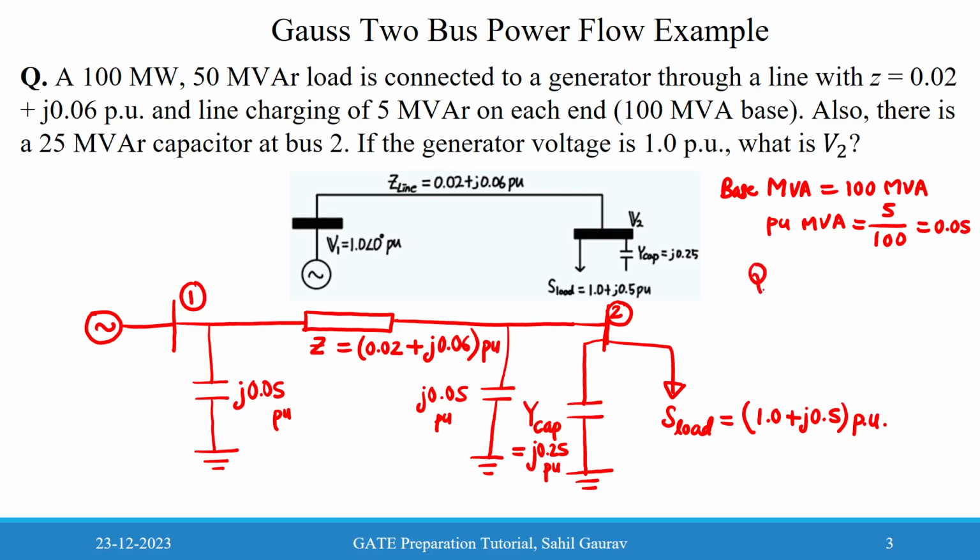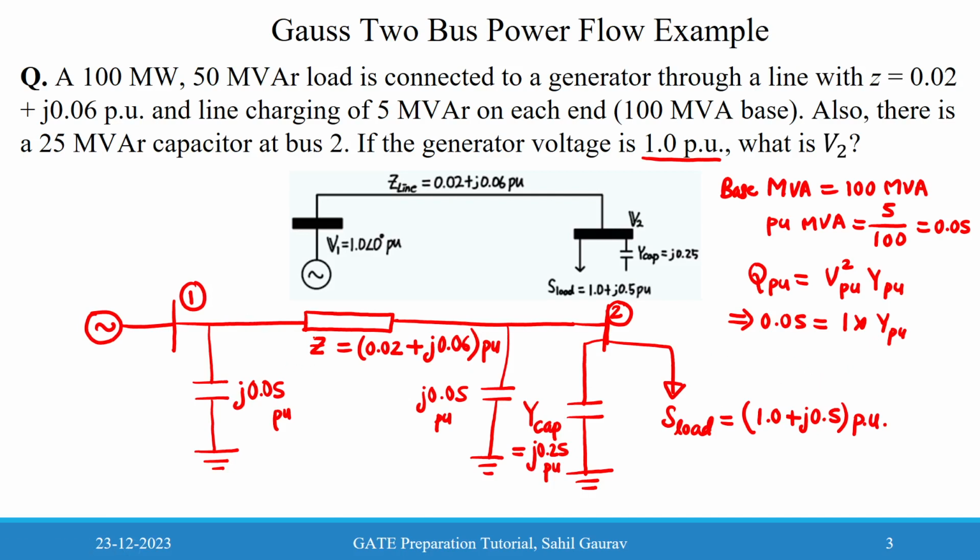So you can write Q per unit is equal to V square per unit into Y per unit, and if Q per unit is 0.05, Y per unit is given as 1.0 per unit. So from there you can find Y per unit. So you can calculate this way also. And the admittance of the capacitor is calculated in this way only.